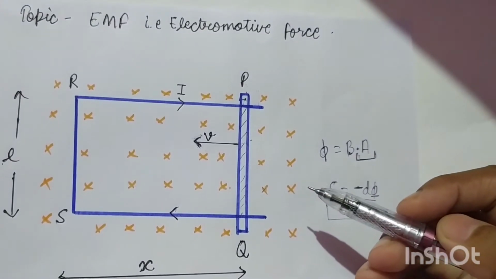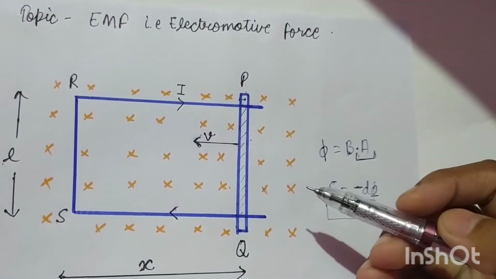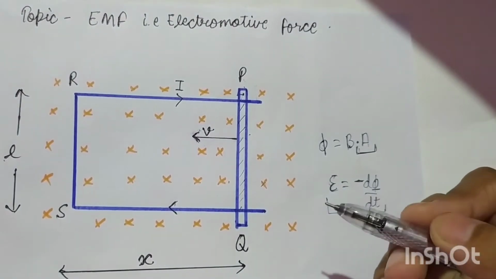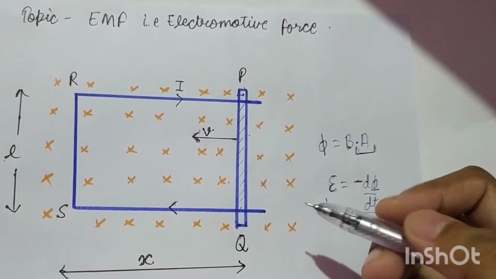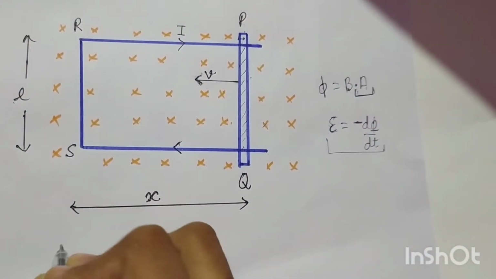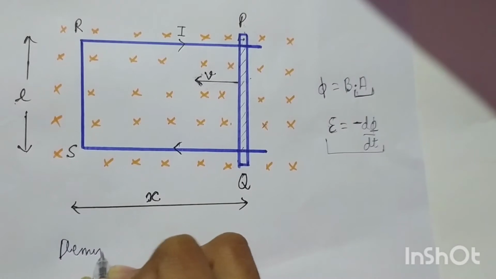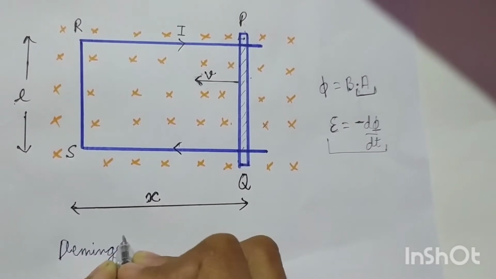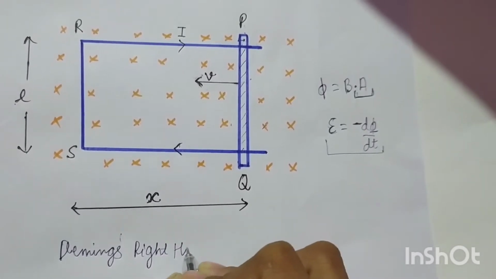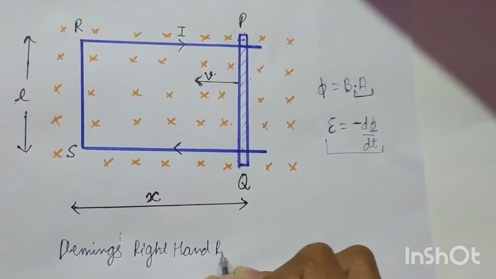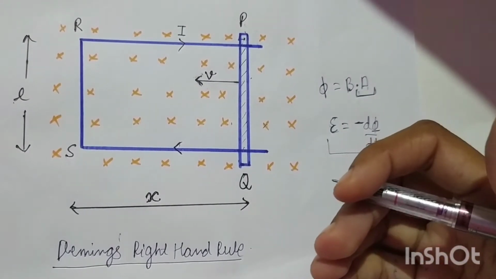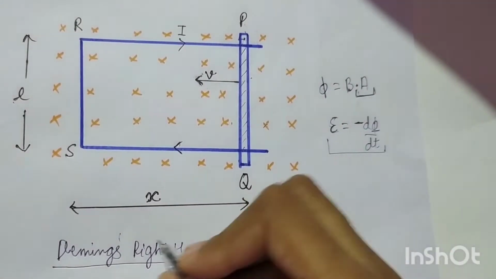Now, how can we find the direction of induced current in the circuit? We already know about Fleming's right hand rule. What does Fleming's right hand rule say?